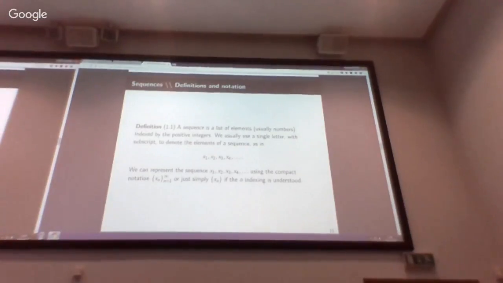We can refer to the sequence as a whole either by writing it down here with a suggestive continuation, or using this curly bracket notation. So curly brackets xn will be referring to the whole sequence. And if it's useful, we can put down here the starting and ending values of the index n.